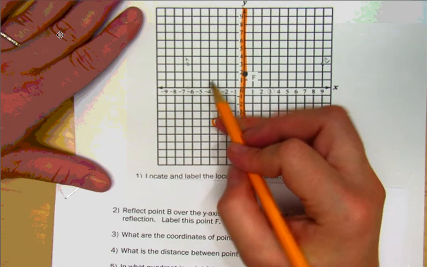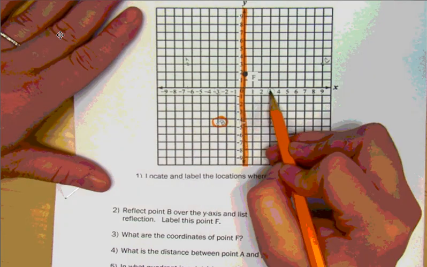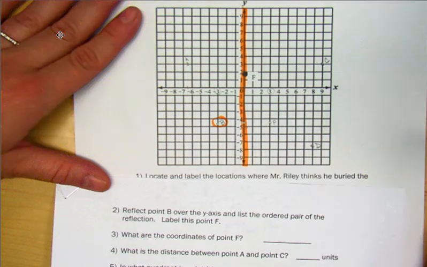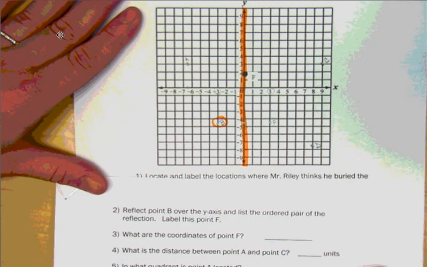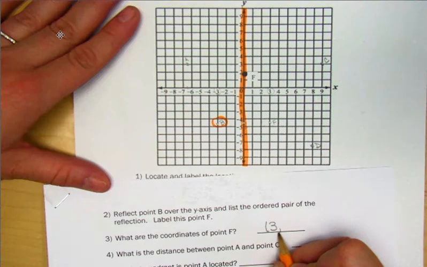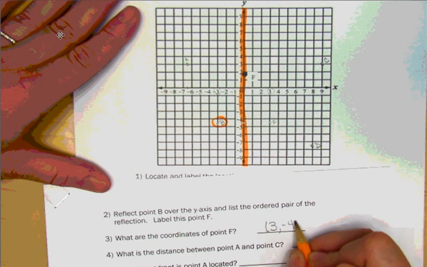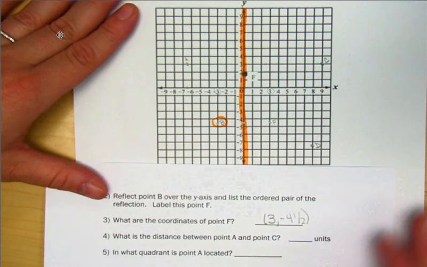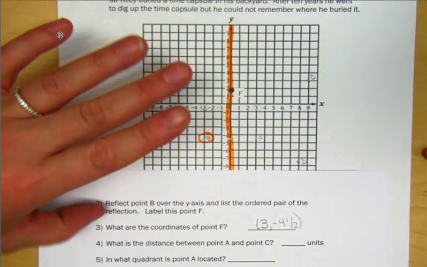The x coordinate becomes the opposite of itself, and the y coordinate stays the same. So I'm going to plot this point F. Now my new coordinates are going to be, instead of -3, they're just going to be 3, -4 and a half.